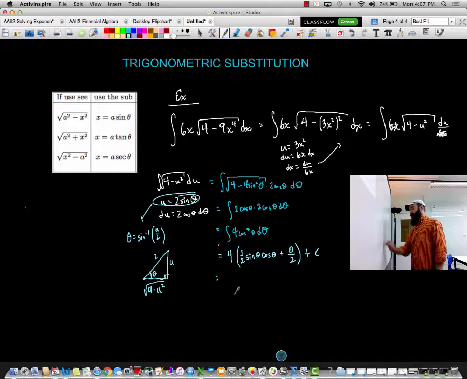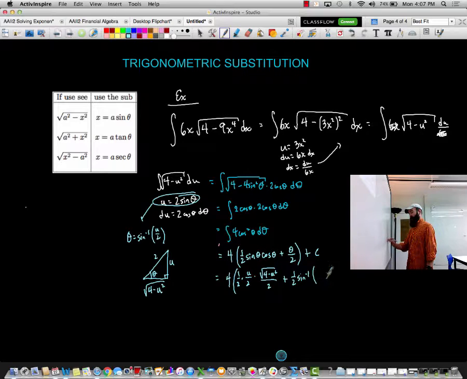So now when I do that substitution, I'm going to get 4 times 1/2 sine, which is opposite over hypotenuse, cosine, which is adjacent over hypotenuse, and then theta, which is inverse sine of u over 2. And that would all be enclosed there.